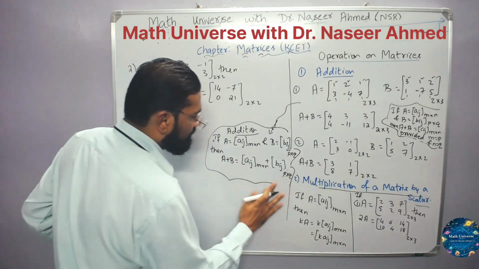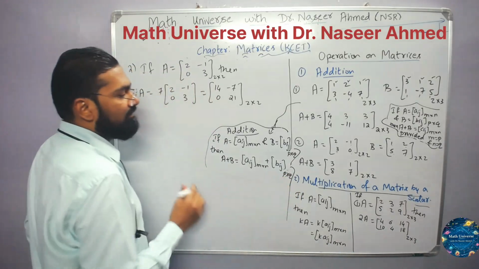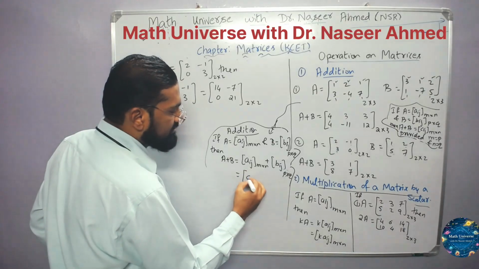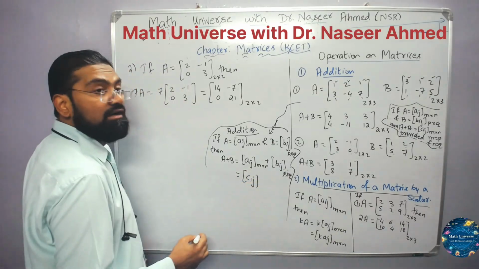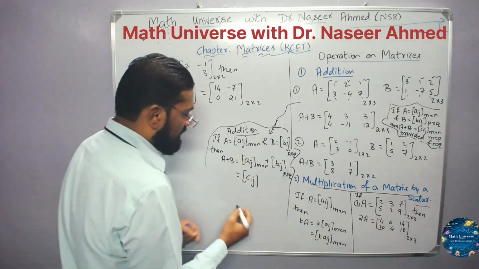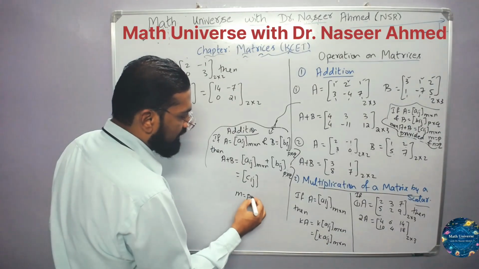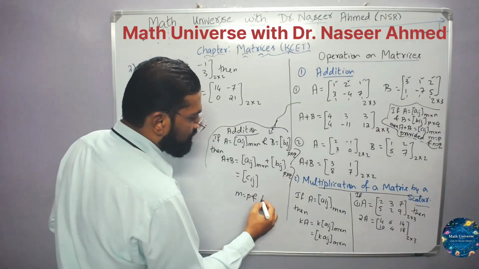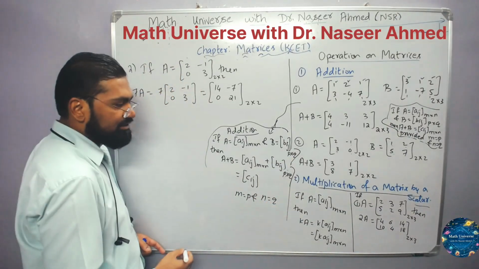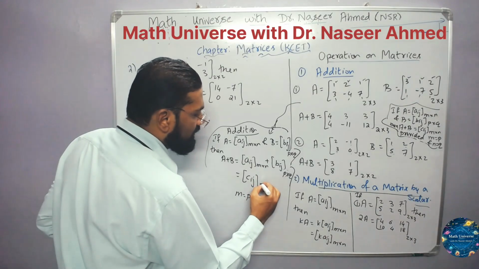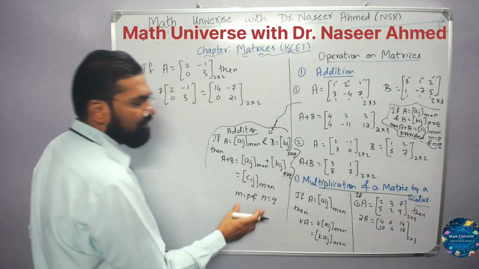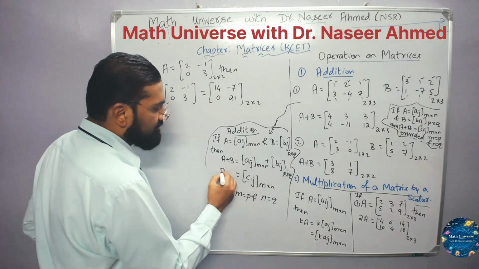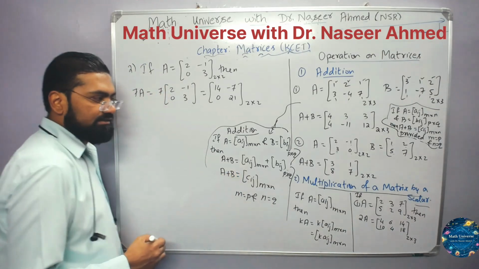To get this, first the rows should be equal, that is m should be equal to p, and the columns, n should be equal to q. Only then can we have addition, and the order of the result will surely be m cross n or p cross q, because both are the same. I hope this is clear. This is the condition for addition of two matrices.